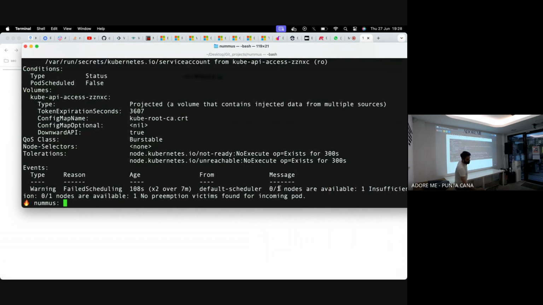Here we can see that 0 out of 1 nodes are available, insufficient nodes available. Now, personally, I've seen this, and this was a result of bad capacity management, so to say, and also a result of not running load tests, because at a certain point in time, it might work with the values that you have, but the nature of the workloads is highly dynamical.